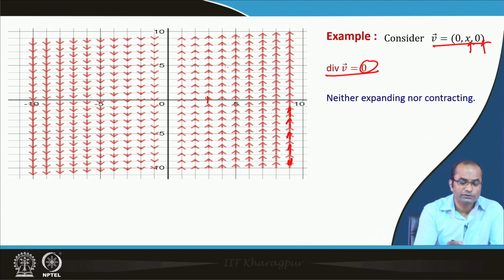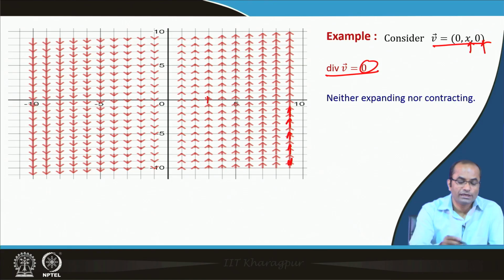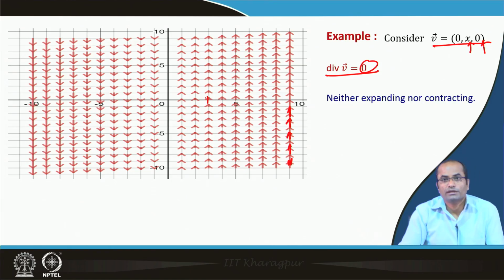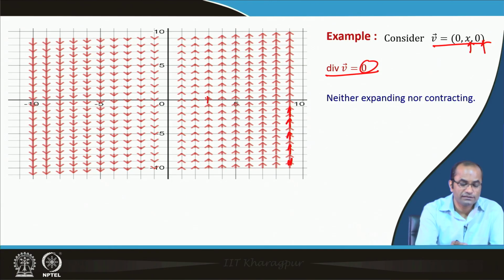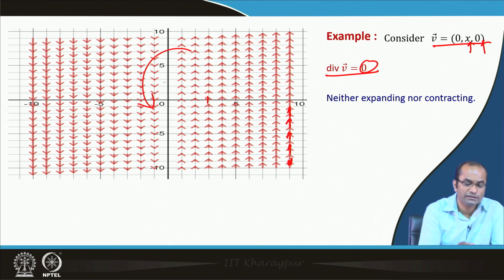What we will see later on is another term which we will use to define such fluid, that is curl, which signifies the tendency of rotation of the fluid. In this case it is clearly visible that here the magnitude is increasing, here the magnitude is decreasing, and so on.